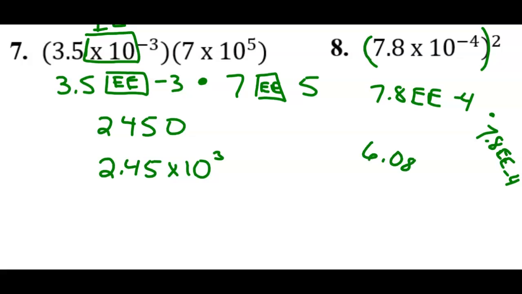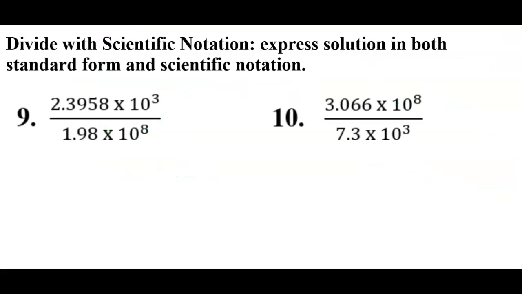Okay. When I do this, what did I get? It should be 6.084 times 10 to the negative 7. And that's sideways up because of the problem. 6.084 times 10 to the negative 7. Yes? Okay. What about if we were doing division? Would we do anything differently as far as entering those numbers?